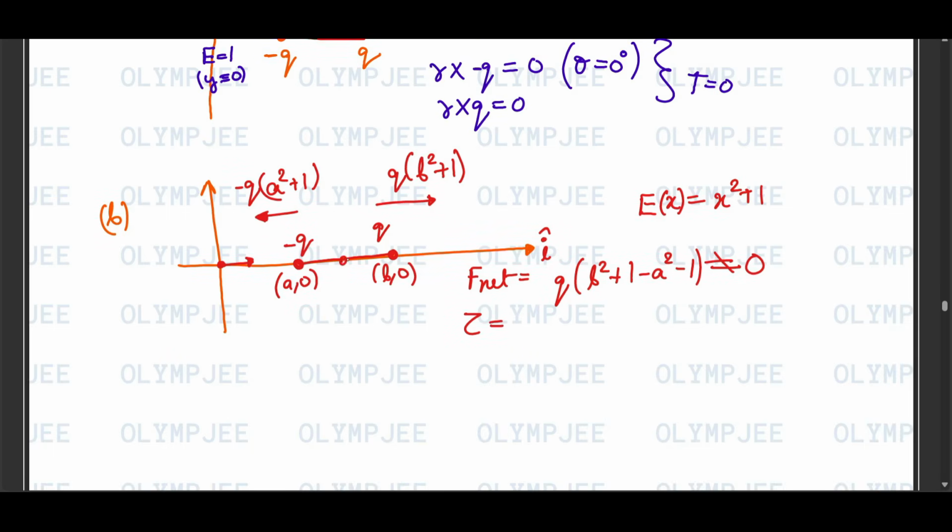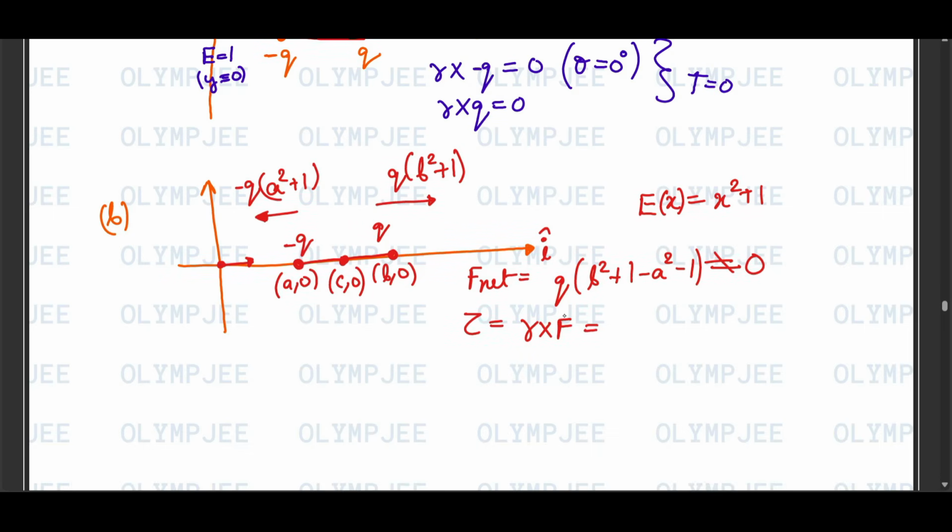if I am taking the torque about the center point, let's say it is at some distance c comma 0. So the torque will be equal to 0 because torque is given as r multiplied by force.